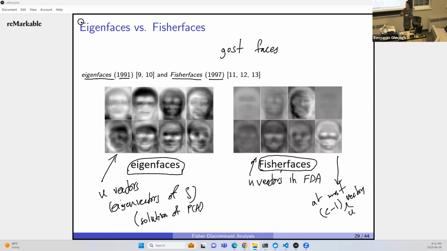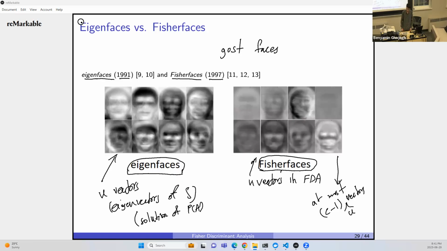But in practice, we have several of them, but their eigenvalues are small. So I can plot them. But I know that only the first one is the most important, right? Because here, as I said, I have two classes. 2 minus 1 is 1. I only have one. Okay, doesn't matter. I think you get my point. But I don't have that upper bound on the dimensionality of the subspace in PCA.